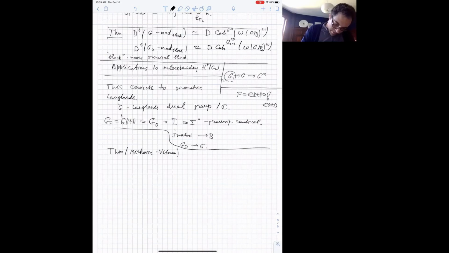It says that representations of G is equivalent to the category of perverse sheaves on the affine Grassmannian, equivariant with respect to G[[t]], where the affine Grassmannian is, of course, the homogeneous space GF mod G[[t]]. So this is the so-called geometric Satake equivalence.